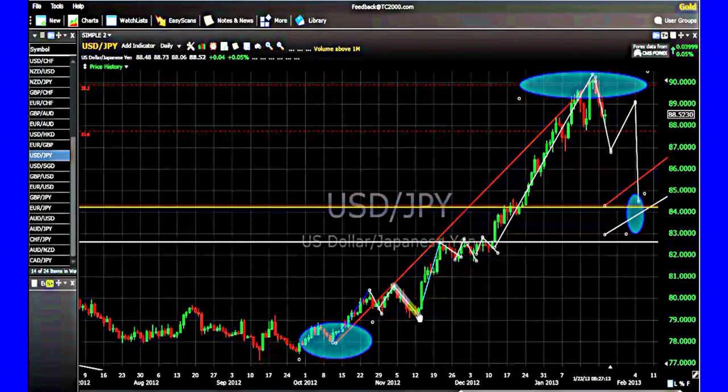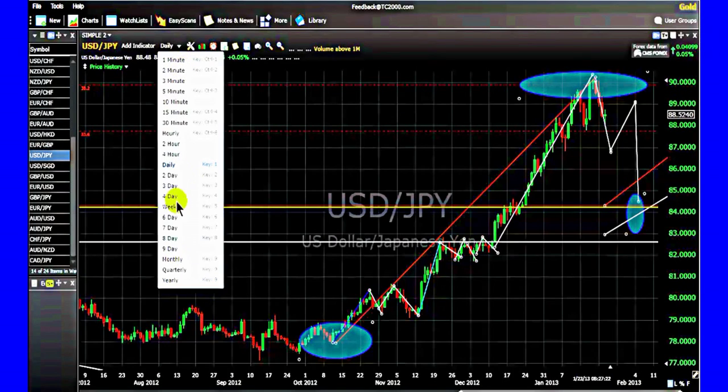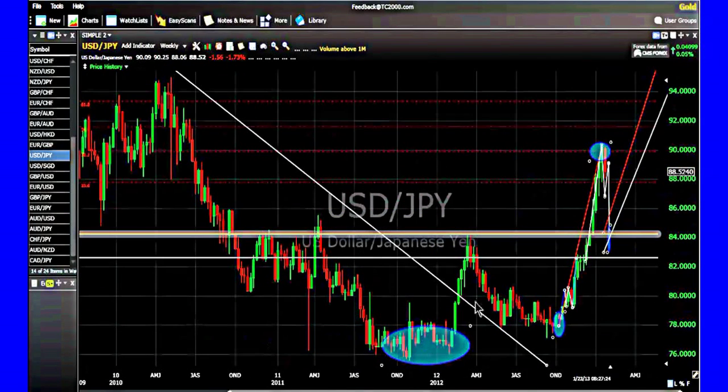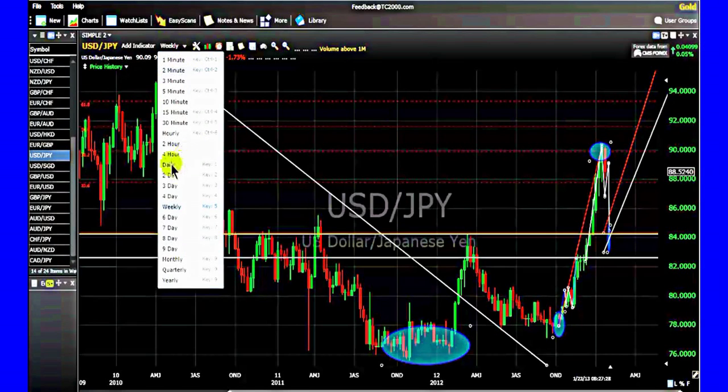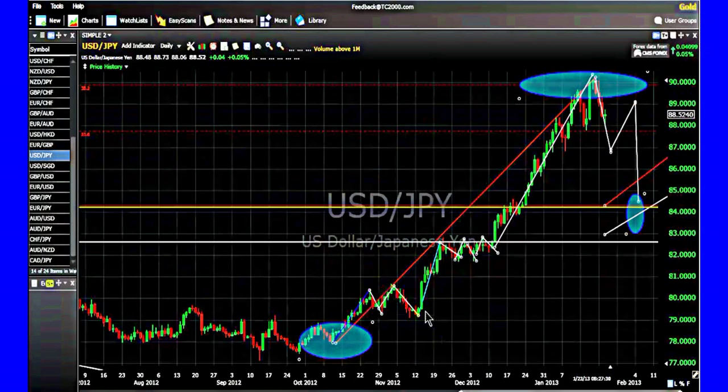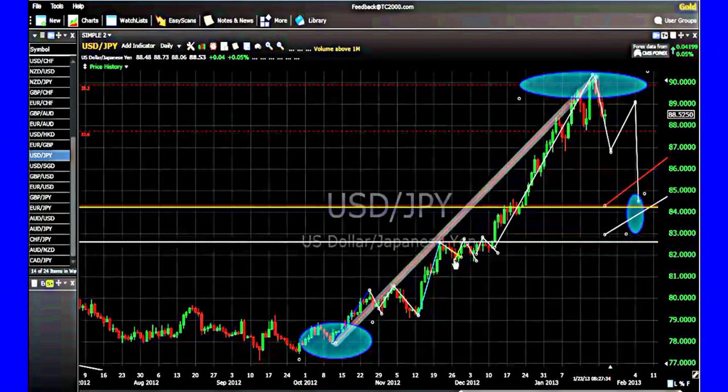If we can see the internal waves on that first wave, like here, you can see them now. But if we go to the weekly chart, we can't see them. Just looking at this, you can't see them. But we go to another lower time frame, in this case, I'm using the daily chart. We can see them. You see the structure of these internal waves. We can use them to forecast the motive wave.